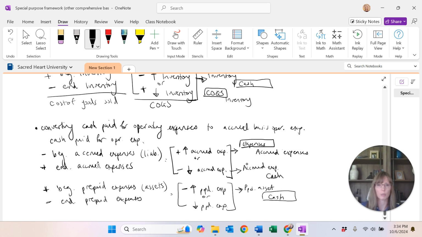So we would credit the prepaid asset or prepaid expenses, and the other side of this would have to be something like rent expense or insurance expense or tax expense. And we would want to add that back because it was not included in the cash paid, nothing about cash here, but we did have the accrual basis expense, so we put it in. And then we have our operating expense on an accrual basis.